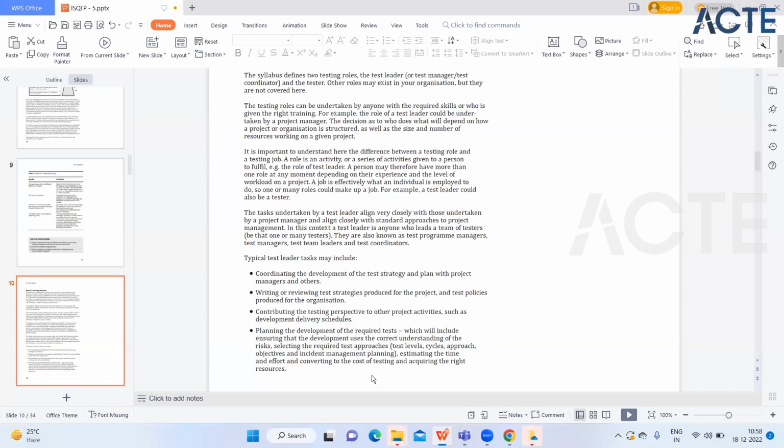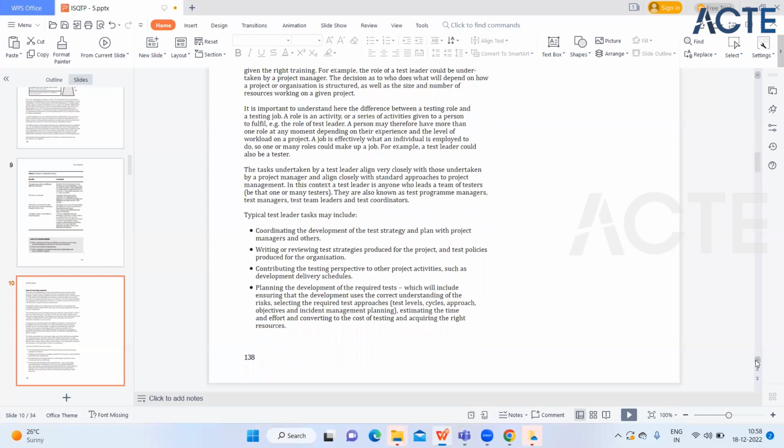So who will check everything? The test lead will check everything, like whether everything is going in the correct way or not, and whether the test level strategies we are defining are correct to give to the testing team to perform the testing.